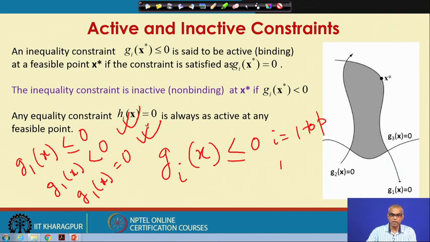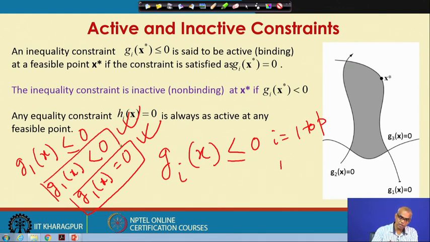So, when the constraint is satisfied at g_1(x) equal to 0, we say that this is an active constraint or binding constraint. If the constraint is satisfied as less than 0, we call it inactive constraint or non-binding constraint.